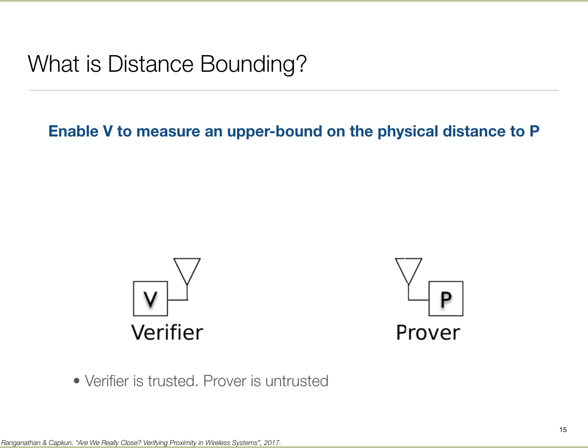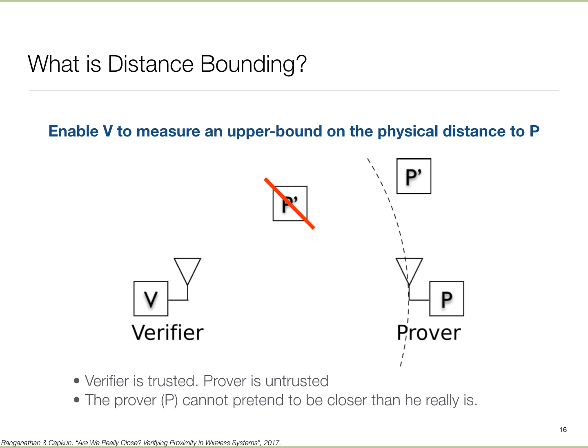And you'll see that it makes use of cryptographic primitives. In particular, the goal of this response protocol is that there is no fake prover P prime which can pretend that it is closer than the actual prover. It can pretend to be farther away, but not closer. Now, as we realize, pretending to be farther away can also have consequences, but we are not going to worry about that yet.